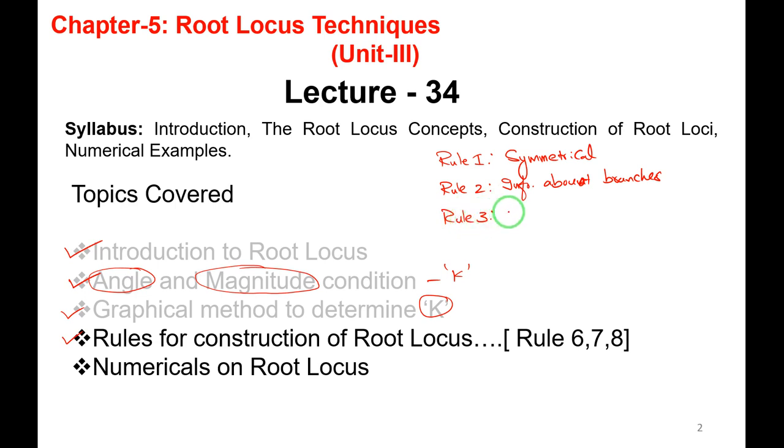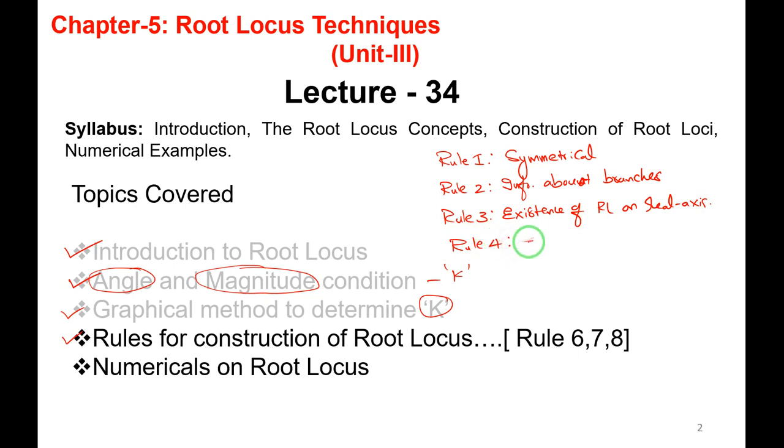Then rule number 3, existence of root locus on the real axis. It means in which section on the real axis the root locus exists, right?